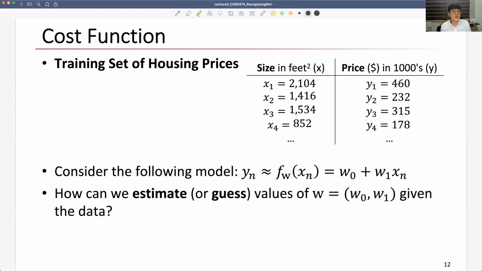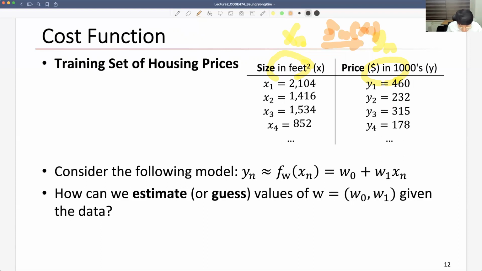Let's go back to the training set of our previous example. In the previous example, we wanted to find the mapping function from the input variable x to the output variable y, right? It is f(w, x_n), our mapping function in the linear regression problem.